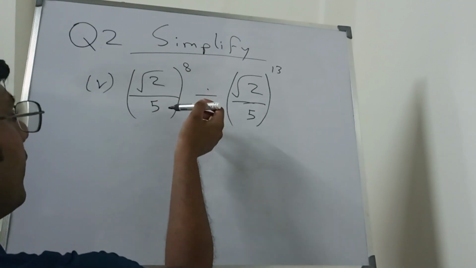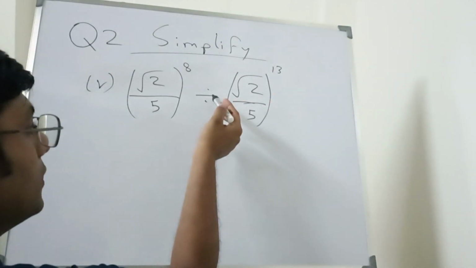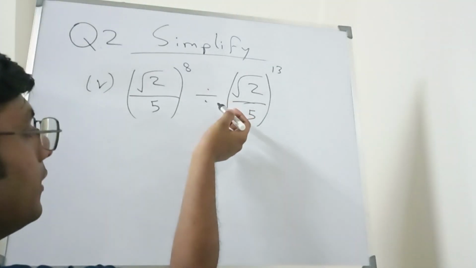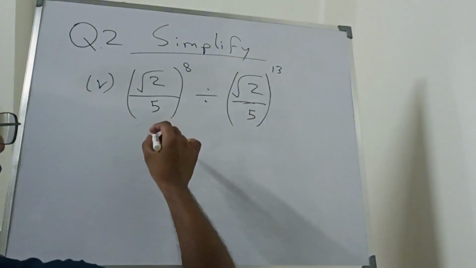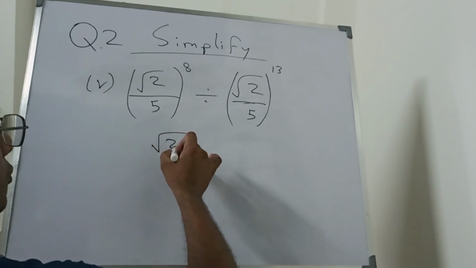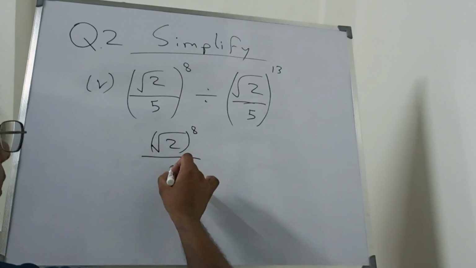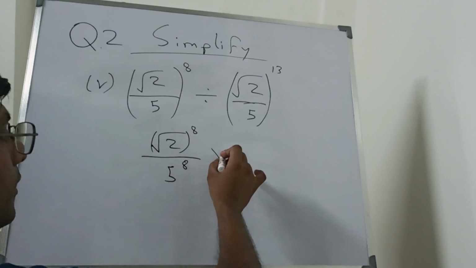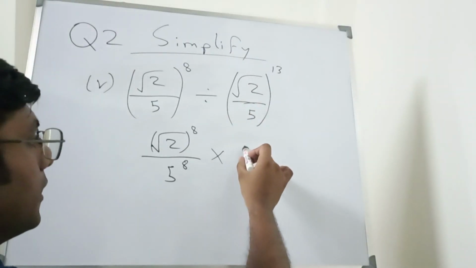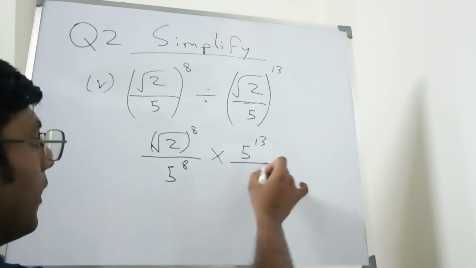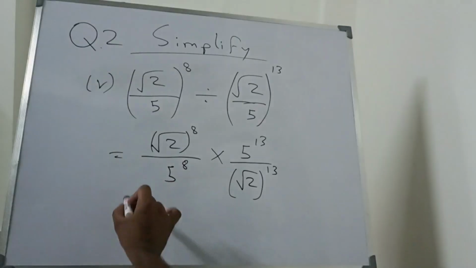Next: root 2 by 5 raised to the power 8 divided by root 2 by 5 raised to the power 13. I will replace the divide sign with a multiplying sign and take the reciprocal. It will come out as root 2 raised to the power 8 divided by 5 raised to the power 8, multiplied by, with the numerator and denominator interchanged, 5 raised to the power 13 divided by root 2 raised to the power 13.